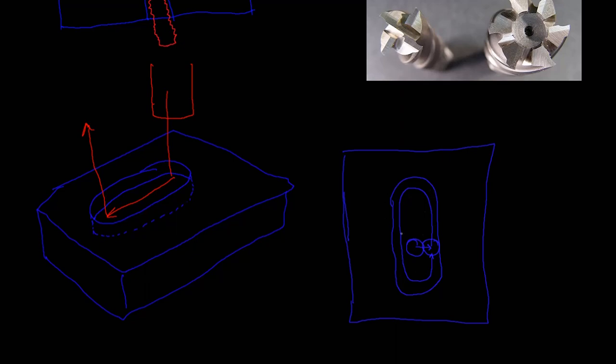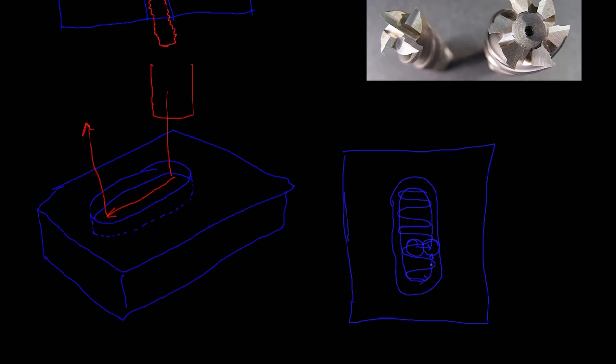And then you may ask yourself right now, well, what about all of this material? Wouldn't that just make kind of a ring of sorts in the material? You could, on another pass, take all of that material out with some sort of pocketing pattern.